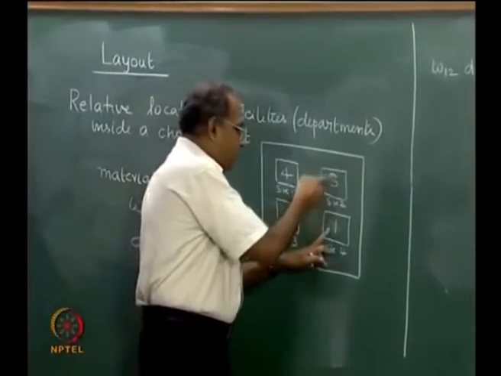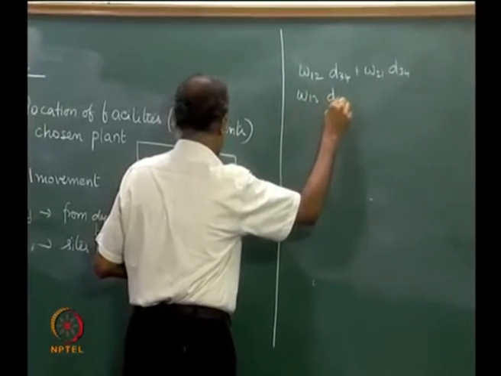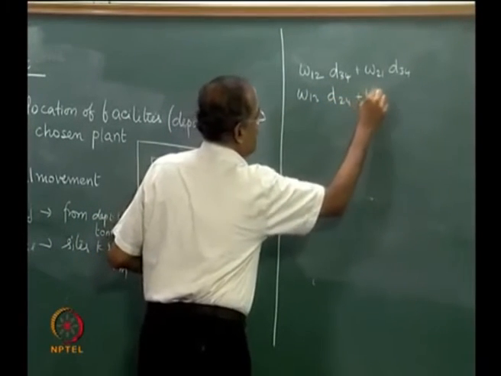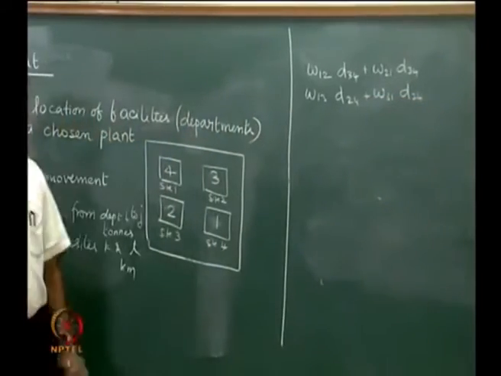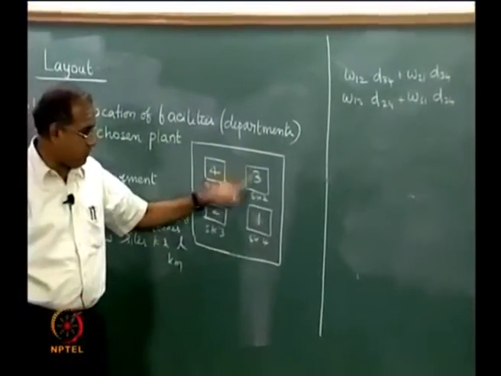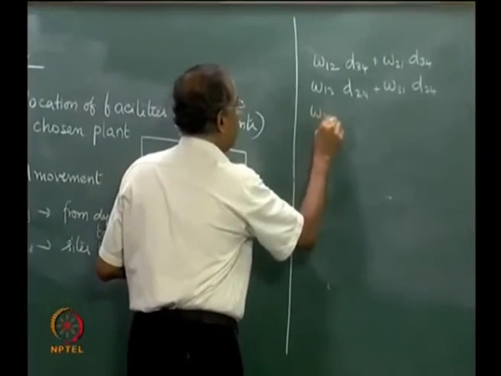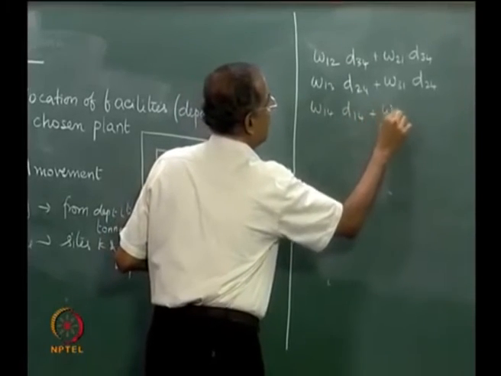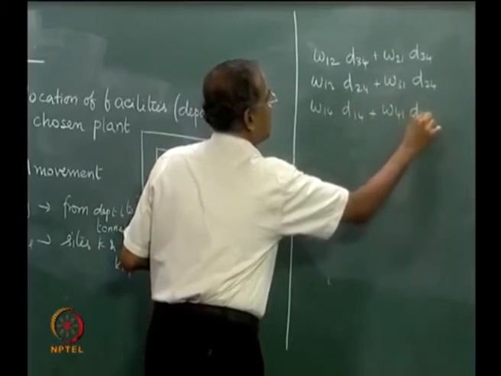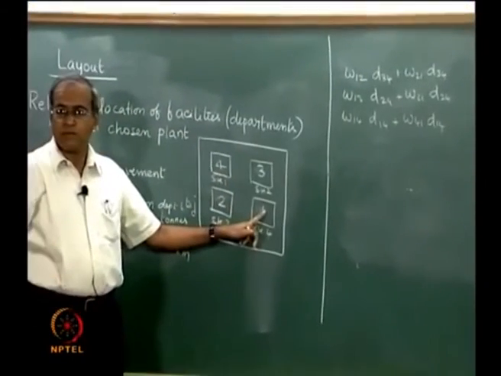Now, between 1 and 3 there is going to be a W13 d24 plus W31 d24, moves from here and whatever moves from here. Similarly, W14 d14 plus W41 d14. This is the interaction between these two.